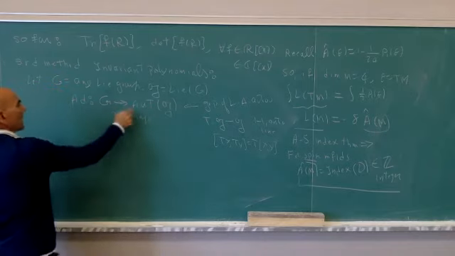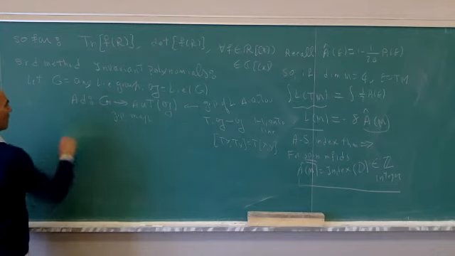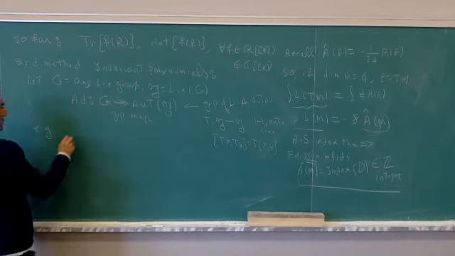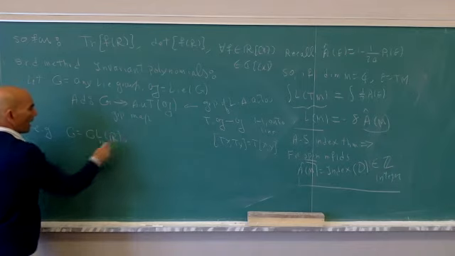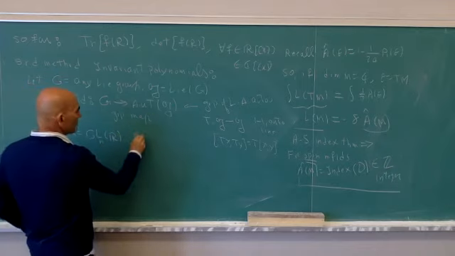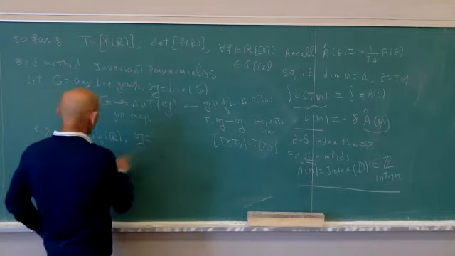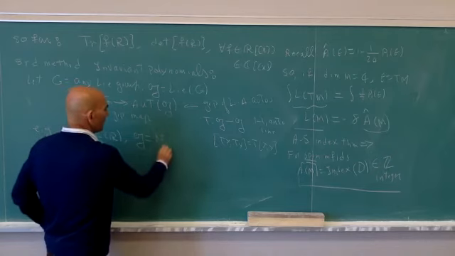Let me give you an example so that you can see that this is something you already know from linear algebra. The example is G equal to GL(n, R). Its Lie algebra you can easily see is actually n by n matrices. That's a very easy, familiar Lie algebra.